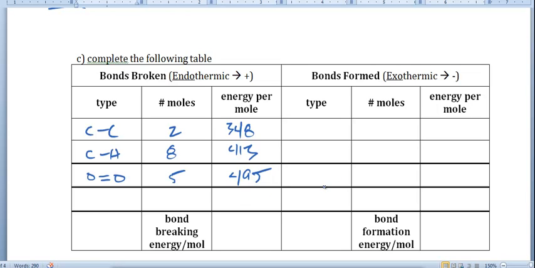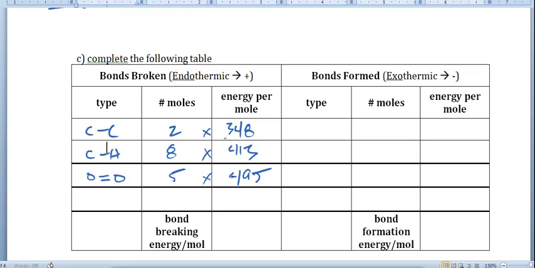Okay, so now what you have to do is multiply the energy per mole by the number of moles. So when you take 2 times 348, you'll get 696. When you take 8 times 413, you should get 3,304.